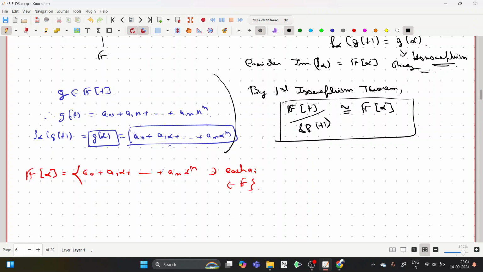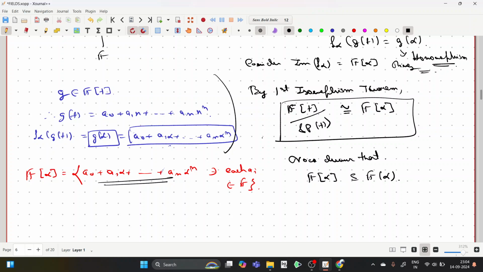Yeah, so let's continue. Now observe that every element of F square bracket alpha has this form, so you can easily justify that F square bracket alpha is in fact contained in F round bracket alpha by its definition. The reason is very simple.